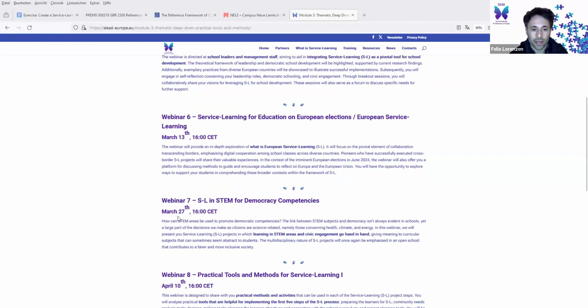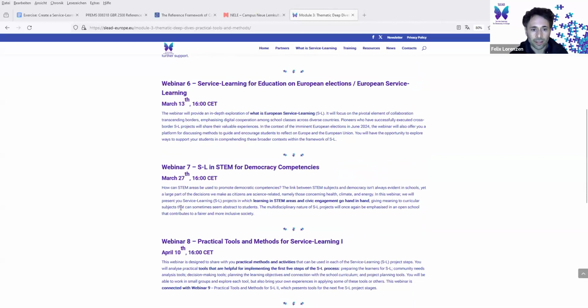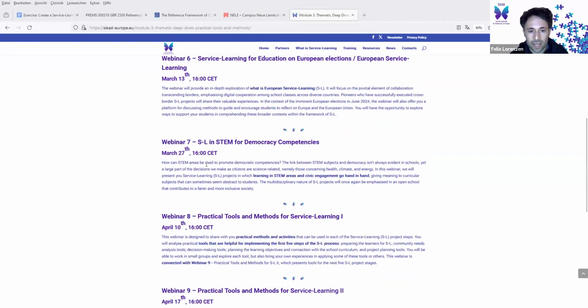And then 2 weeks later, we will have a seminar on service learning in the STEM subjects. STEM meaning the subjects which are kind of like the natural sciences, as you probably are all aware. And also in these subjects, of course, you can strengthen the democratic competences of your students.